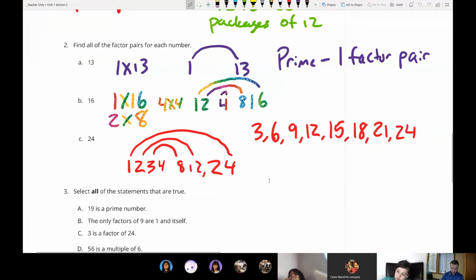Okay, is 4 a factor pair or a factor of 24? Eileen, are you there? Yes. Is 4 a factor of 24? And how can we check if we're stuck?